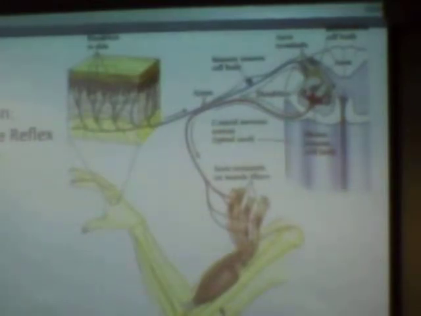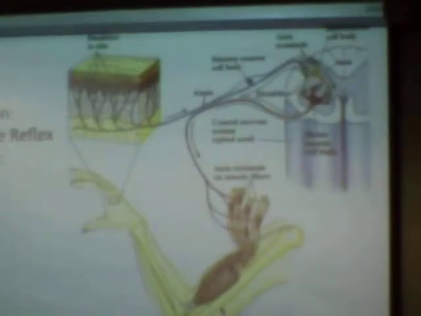If you put your hand on a hot plate or a burner on a stove, you pull the hand away almost instantly. It feels like a second later you feel the pain. That's when it gets up to the brain and it says, oh yes, that's hot. But before you actually know it's hot, your hand is coming away from that hot plate. Or you put your foot on a pin. You instantly pick your foot up. You don't think, ow, that hurts, I better bend my leg.